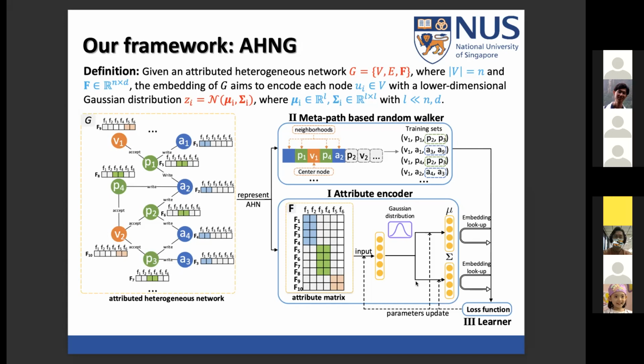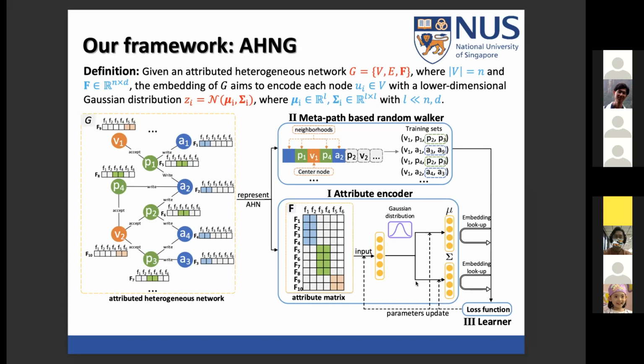Or how maybe I can put this: is the node representation fixed or not? Fixed, yes. So each time, given an attributed feature, after the transformation, its node embedding will always be fixed.